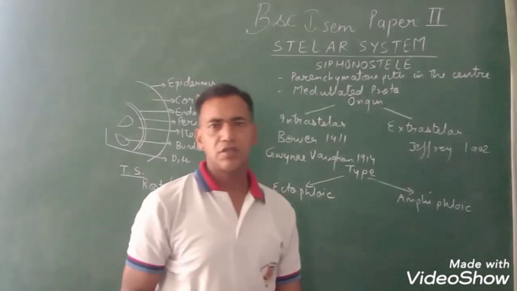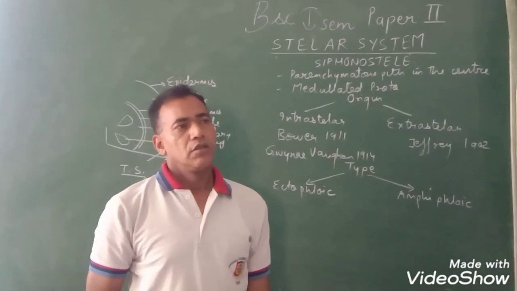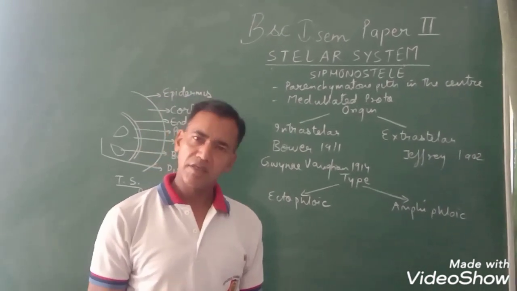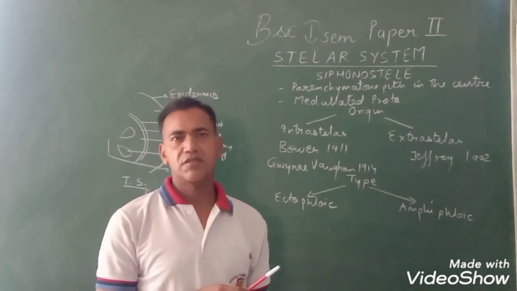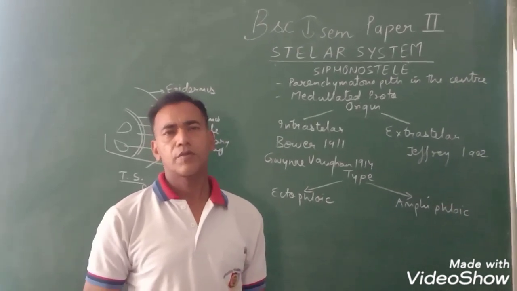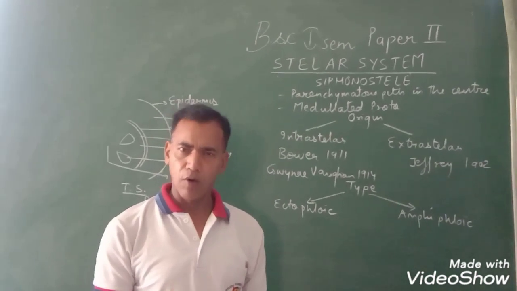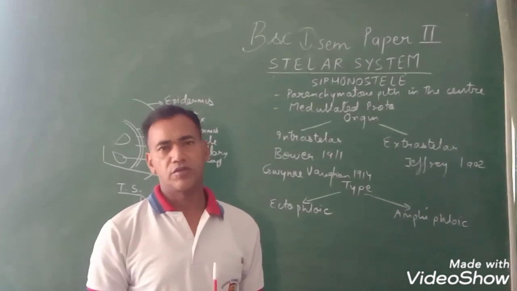Whereas the extrastelar theory, which was proposed by Jeffrey, says that the outer cortical cells migrated inside the central core and formed pith, thereby forming siphonostele.